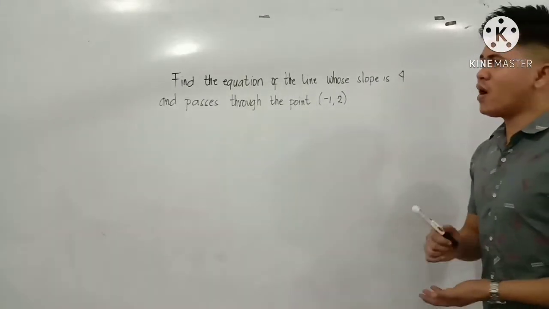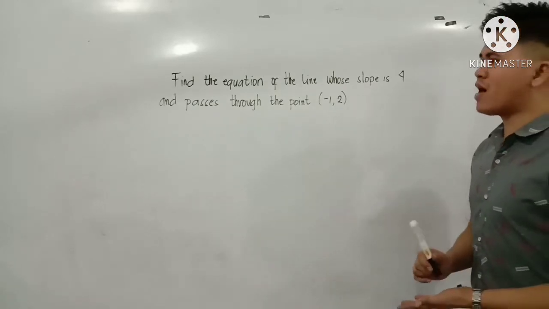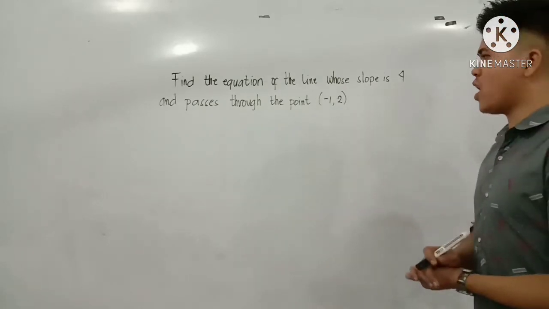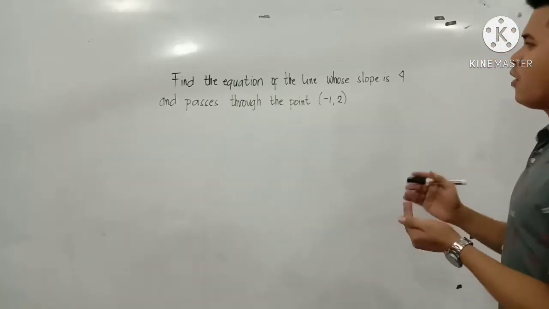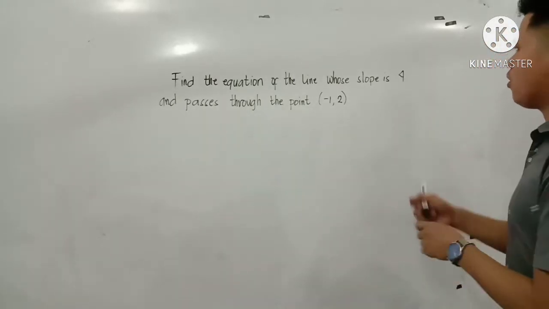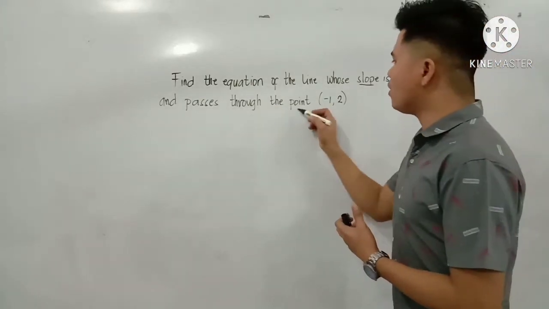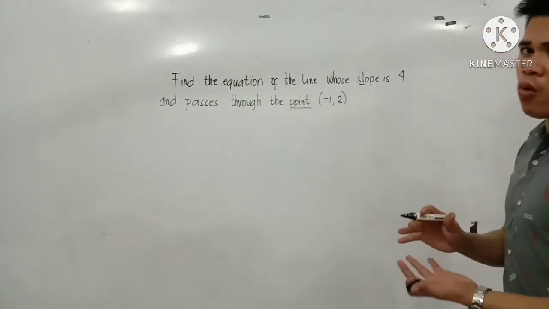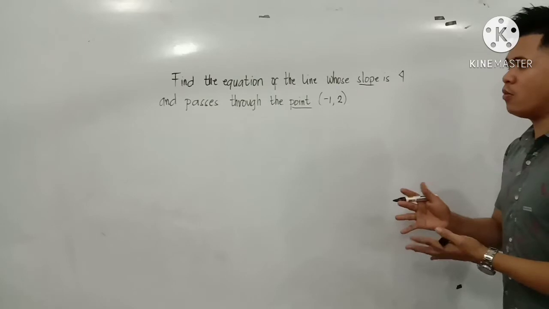Let's say, find the equation of the line whose slope is 4 and passes through the point with the coordinates negative 1 and 2. So now, from the problem, the given are the slope of a line and then there is a point. So therefore, we can use the point slope form.